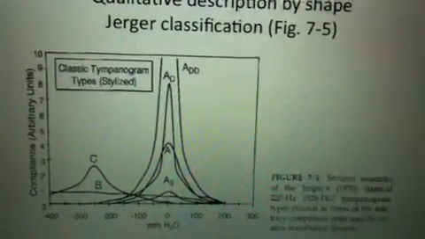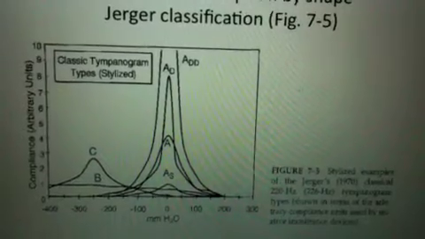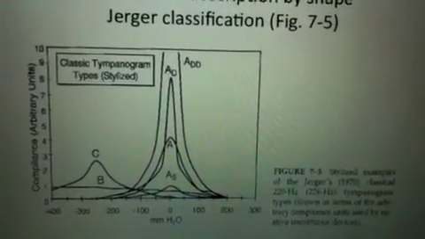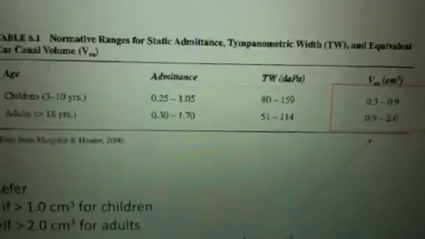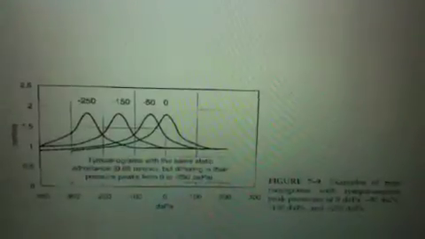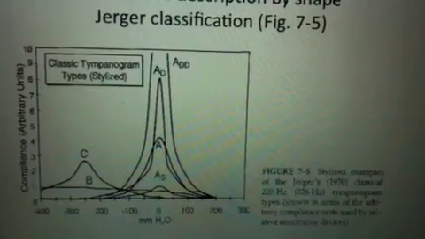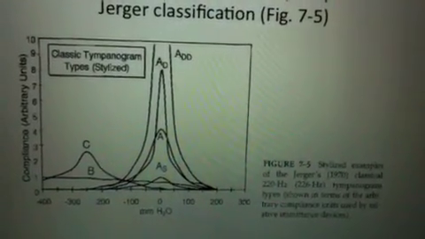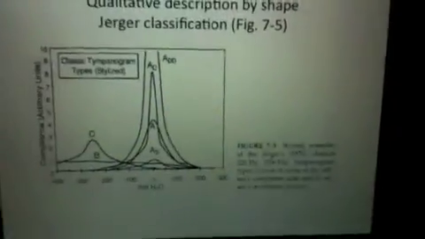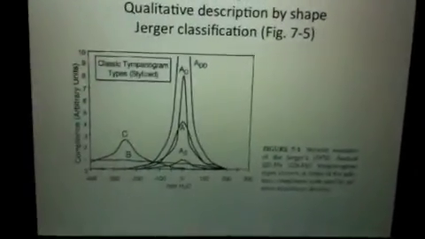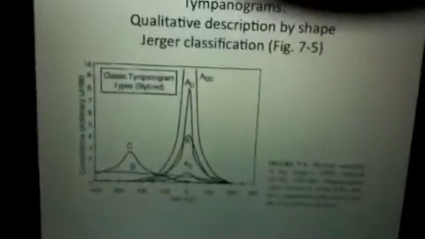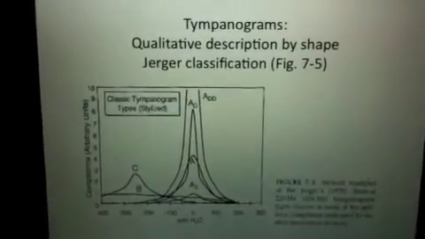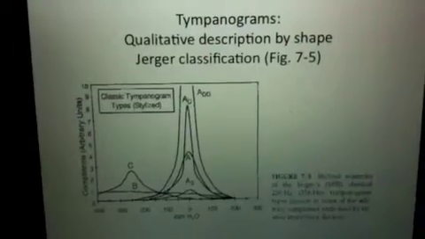In A sub D tympanogram, the static acoustic compliance is above what's normally expected. The tympanic membrane is excessively mobile or compliant. In somebody who has a tympanic membrane middle ear system with restricted compliance, we might see more of an A sub S shape to the tympanogram.